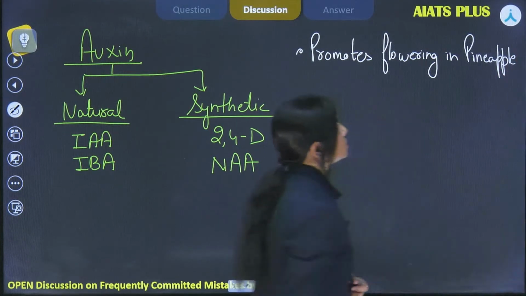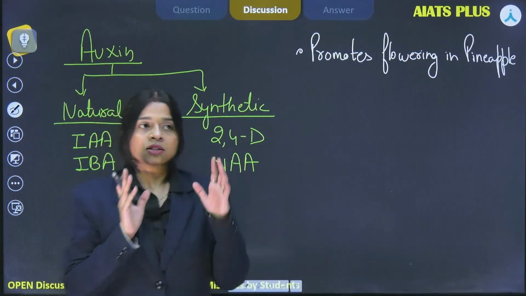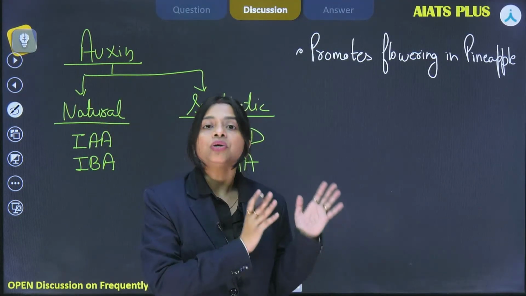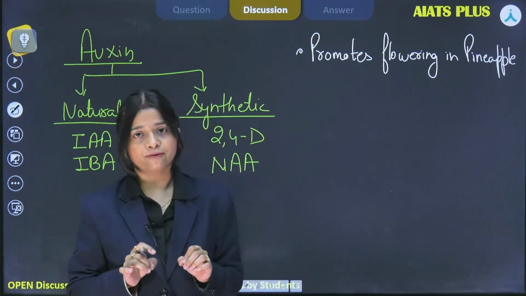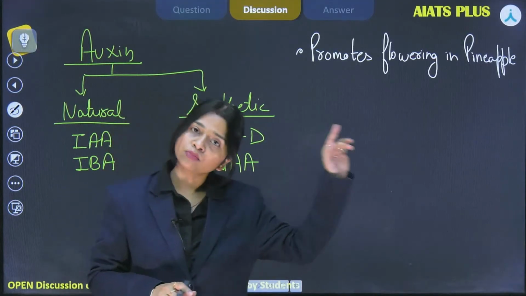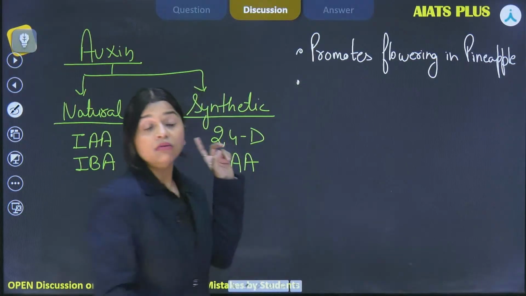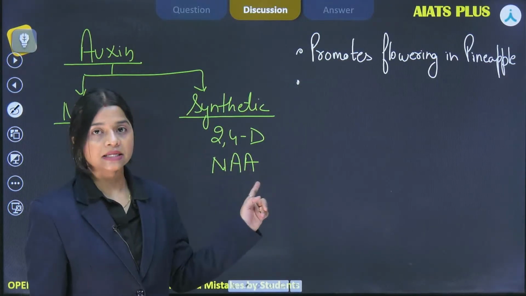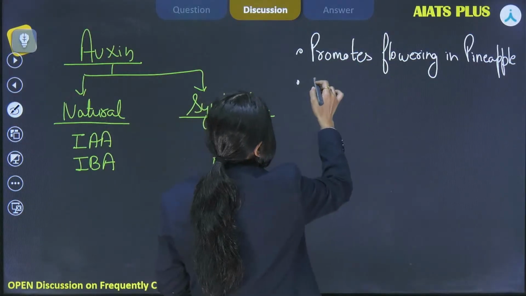Okay, this is the first function. One more thing that I have to tell you is that the functions given in your NCERT with the respective hormones, please do read them carefully, please memorize them, because the questions are often asked from those roles only. So parthenocarpy in tomato is also given in your NCERT. So it promotes flowering in pineapple, alright.